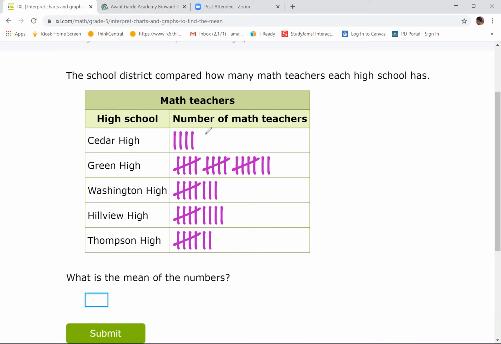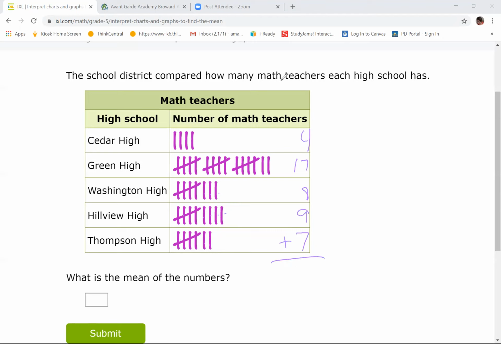1, 2, 3, 4, there's 4 there. 5, 10, 15, 16, 17 right there. 5, 6, 7, 8 right there. 5, 6, 7, 8, 9. And 5, 6, 7. So I can add all of those up.